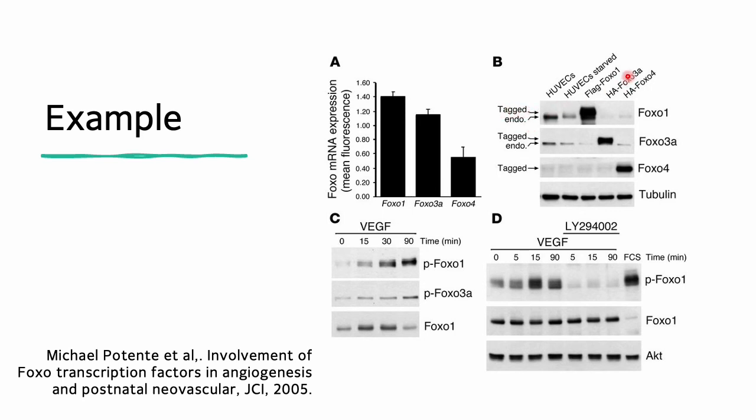Tagged protein is what's tagged with flag or HA. Since it's tagged with something, it's a little bit heavier than the endogenous protein FOXO1. Since Western blot is separating based on the molecular size, their size is going to be a little bit different.